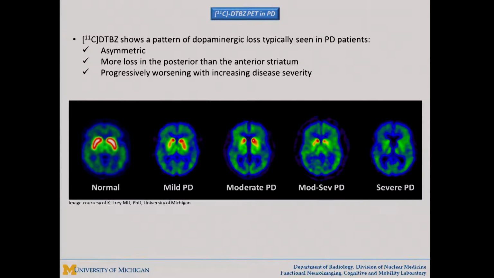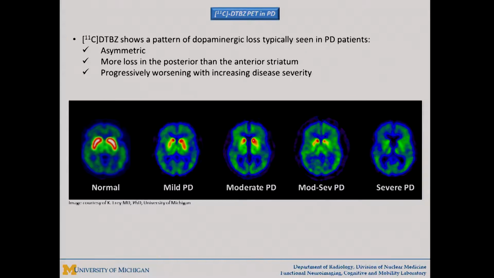If you look at the back portions, where the putamen is, there's more loss than in the more frontal portions of the striatum, where there is still relatively a lot of activity. We know that people with Parkinson's disease, and we all now know that there are a lot of non-motor symptoms, present very early before you get the diagnosis from the neurologist that you might have Parkinson's disease.